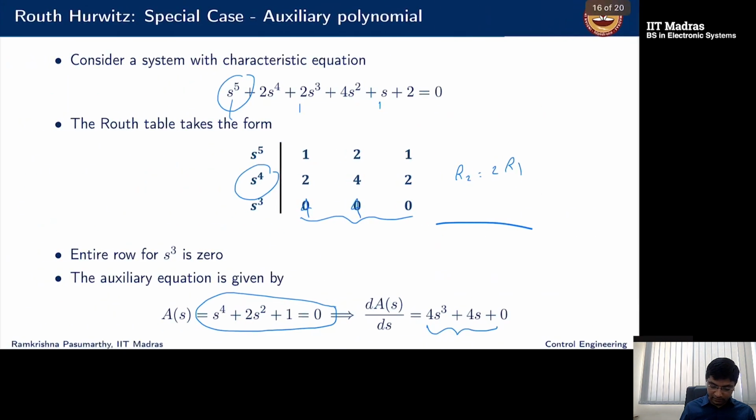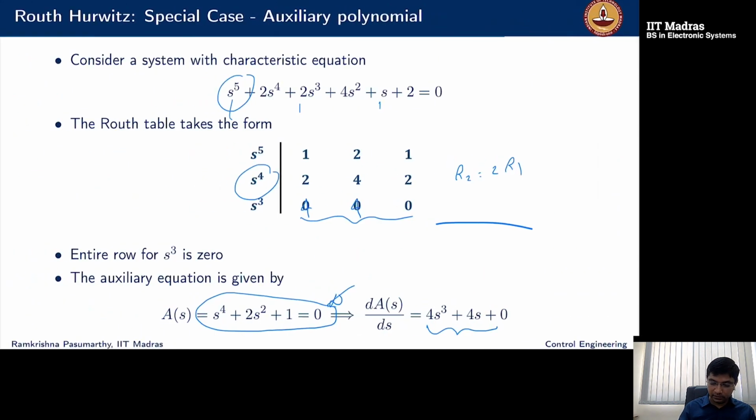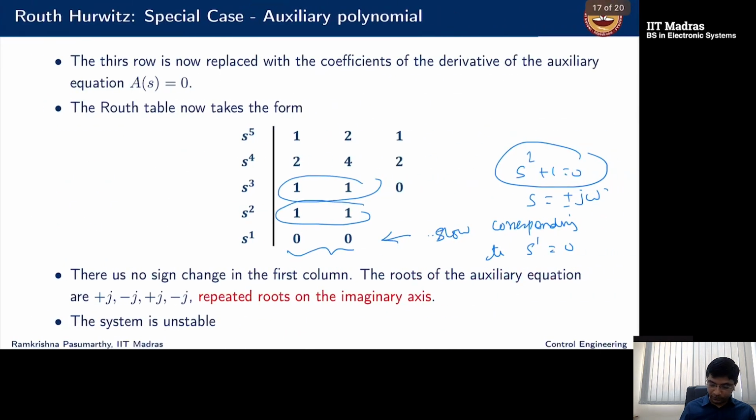Now, this also will give me the roots of the equation, right? So overall, it turns out that, of course, there is no sign change in the first column. The roots of the auxiliary equation: this is the second auxiliary equation, this is the first auxiliary equation. The roots turn out to be repeated roots at plus j, minus j, and again at plus j and minus j.